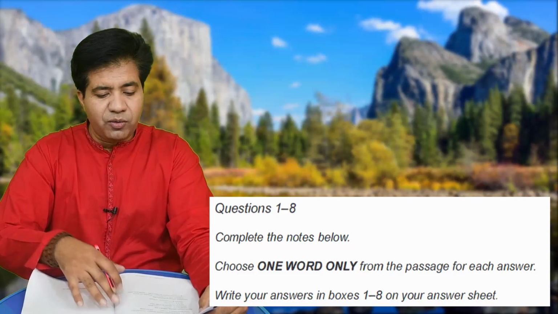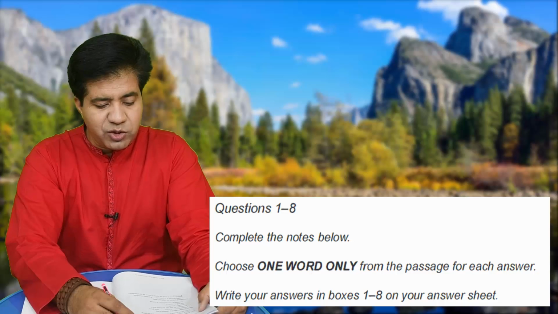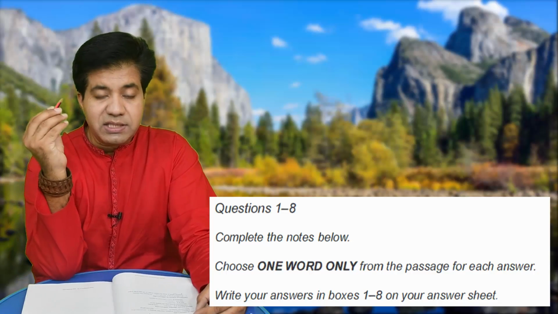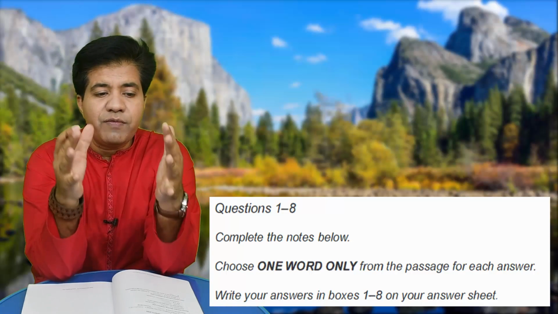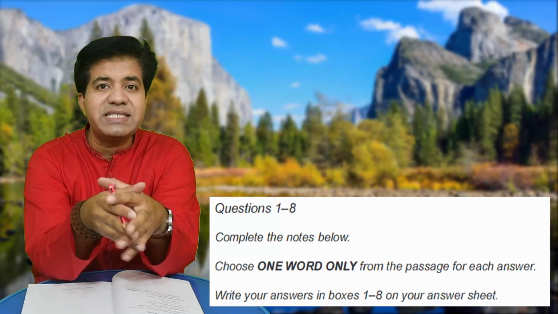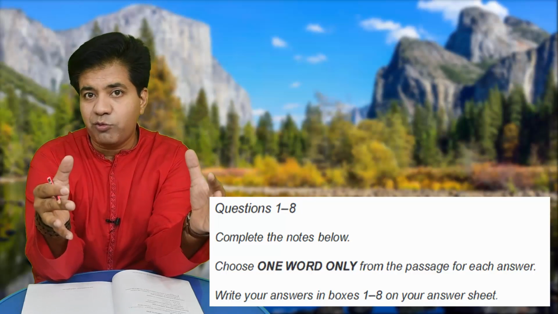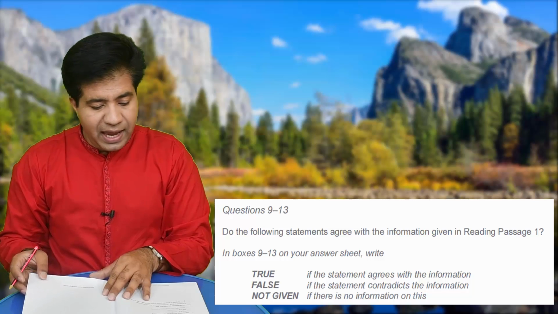Now you can see on your screen we've got choose one word only from the passage for each answer, and then write your answers in boxes 1 to 8 on your answer sheet. This is the first type of questions. Before we start, what you guys need to do whenever you attempt any section in IELTS reading, take a look at what are the types of questions there. For example, over here I've got this sentence completion, one word only, then I have true, false, not given, and that's it.